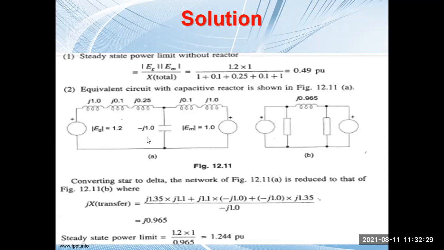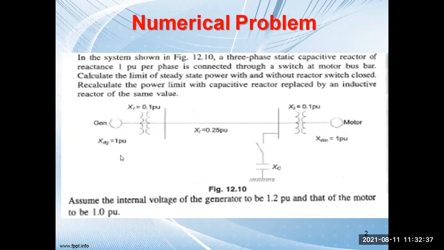Now why is it minus J1? Anyone can say why minus J1? Because for the capacitor, the value of the reactance is 1 per unit. See, I will show you this thing.